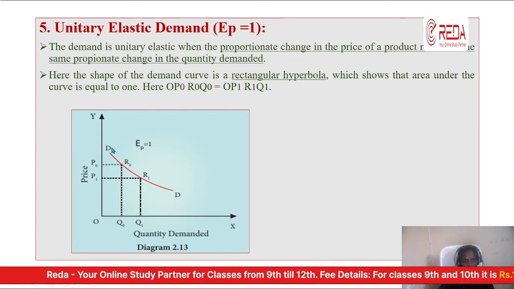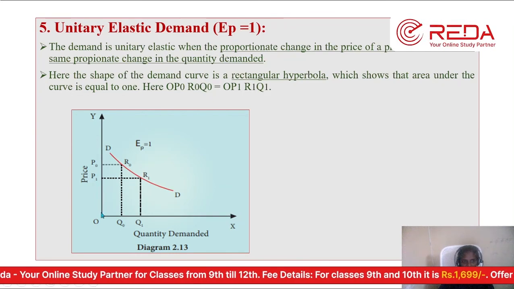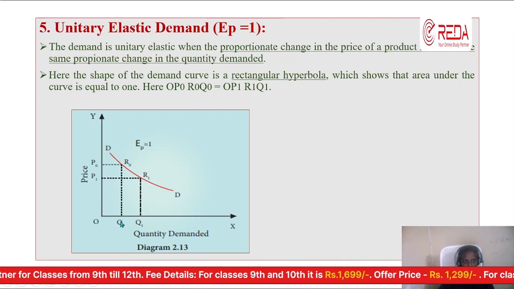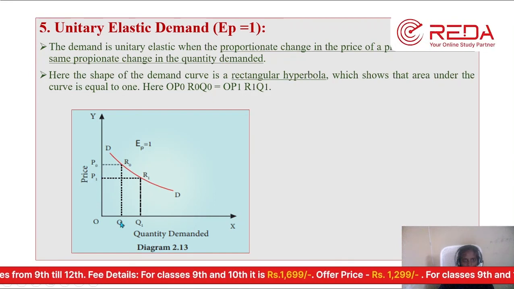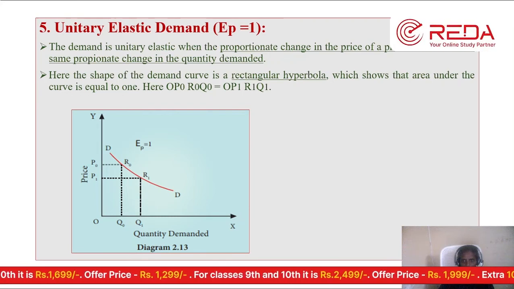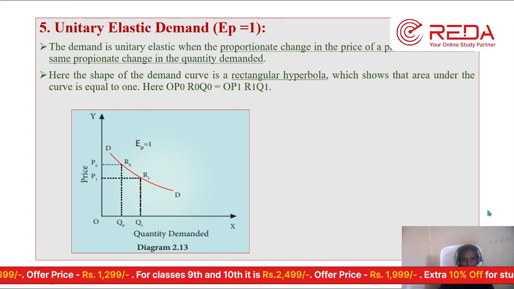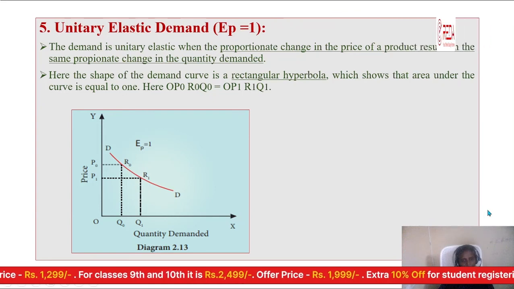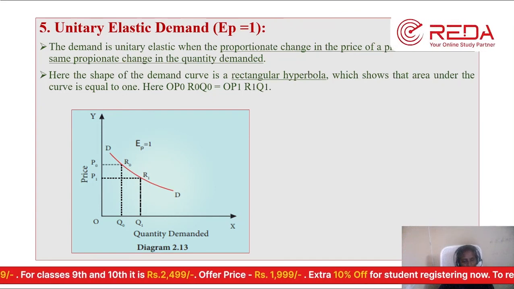Here we can understand that 0P0 R0 Q0 is equal to 0P1 R1 Q1, which we call a rectangular hyperbola. So this is also a situation where, when there is a change in the price, there is a unitary change in the demand for a commodity.